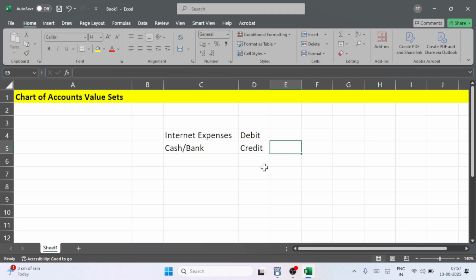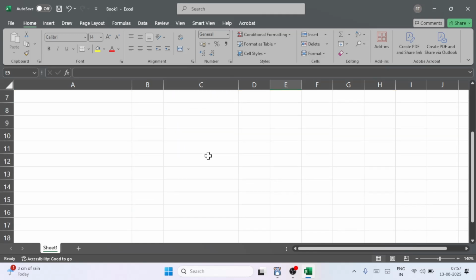But here, I have two branches, and this expense was related to the Mumbai entity. In this case, how do I enter the same accounting entry and at the same time tag it to the Mumbai branch? So now let's book a journal for the Mumbai branch with the same accounting entry.